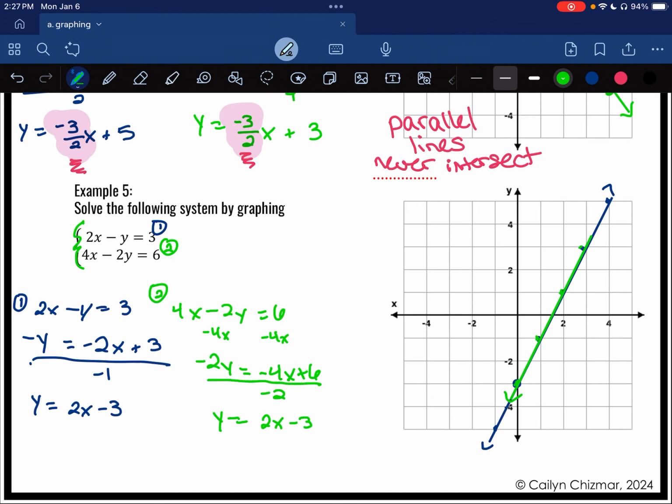This is where I think taking notes in color comes in handy, because notice how I plotted the blue one and the green one, but really they're the same line. This is what's called coinciding lines. They are in line together. They're the same.